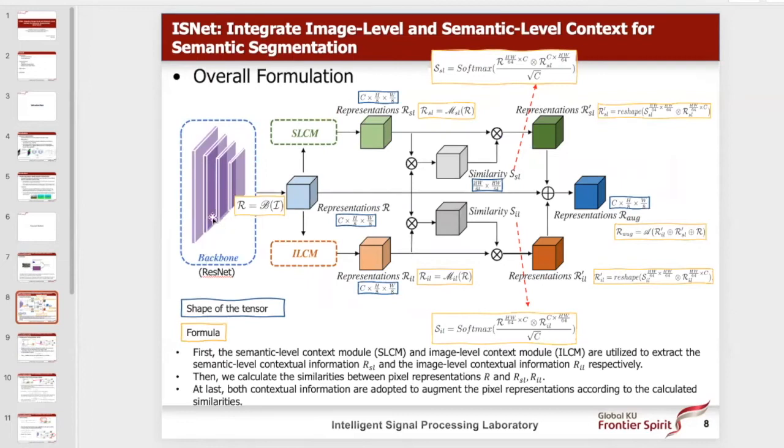And we can see from the overall flow, we input the image to the backbone, and we will get the representation R with this size. C represents the channel, and the size of the feature maps is this.